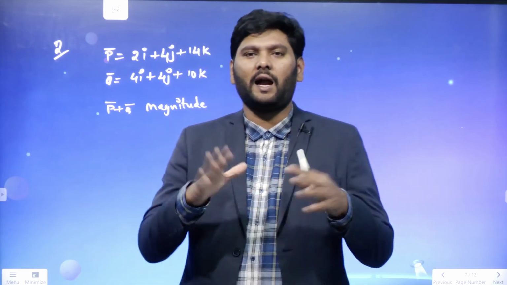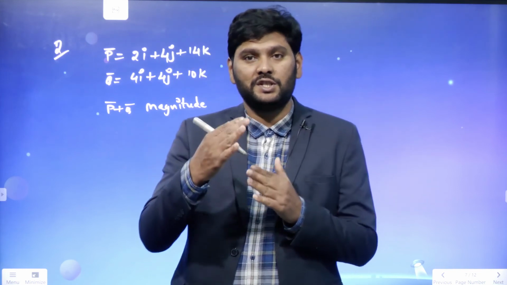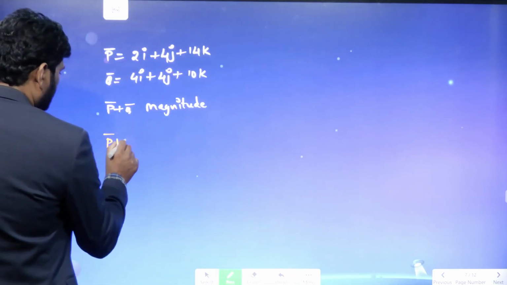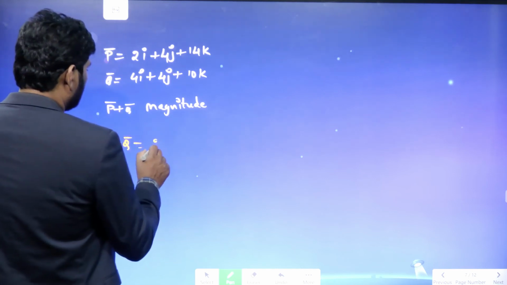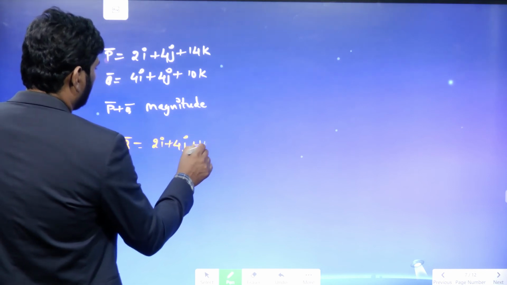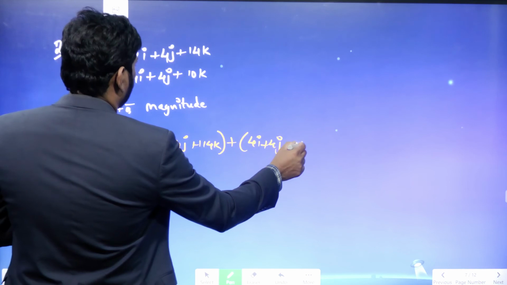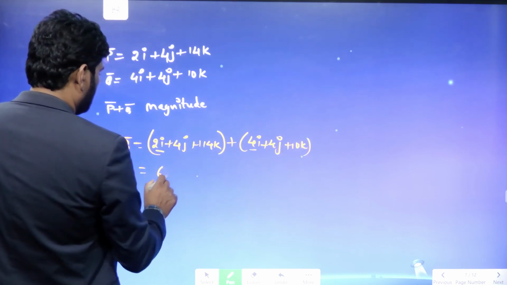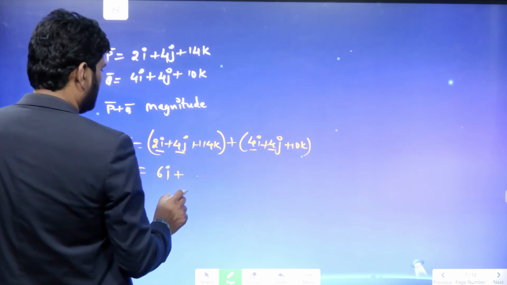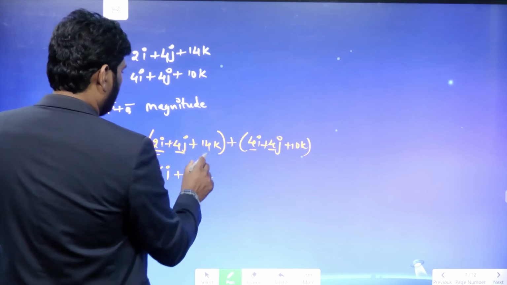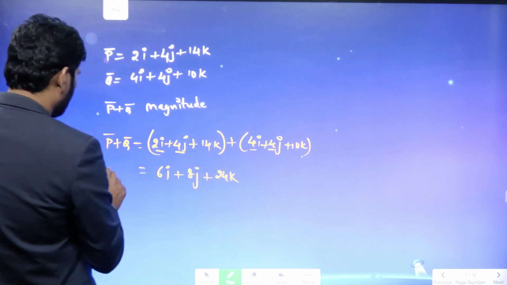You cannot use the parallelogram law, triangle law or even polygon law here. We directly add: i terms to i terms, j terms to j terms, k terms to k terms, so that you will get P plus Q. So P plus Q is 2i plus 4j plus 14k plus 4i plus 4j plus 10k. 2i and 4i is 6i, 4j and 4j is 8j, I have written it wrongly before, and 14k and 10k is 24k. This is your P bar plus Q bar.